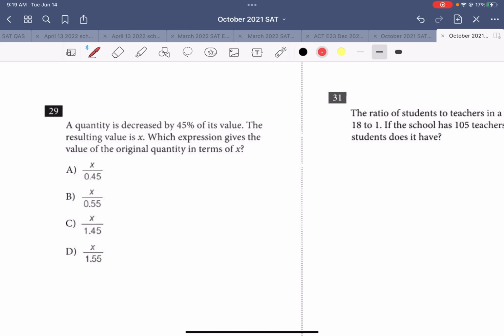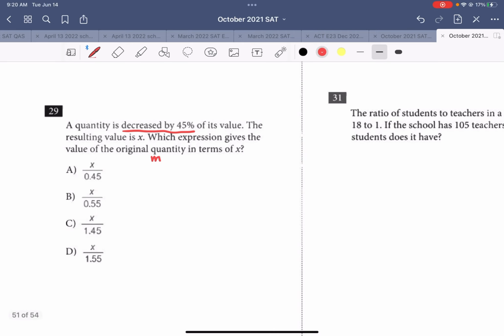Number 29. A quantity is decreased by 45% of its value, and the resulting value is x. Which expression gives the value of the original quantity in terms of x? So the original quantity is, let's say, m.